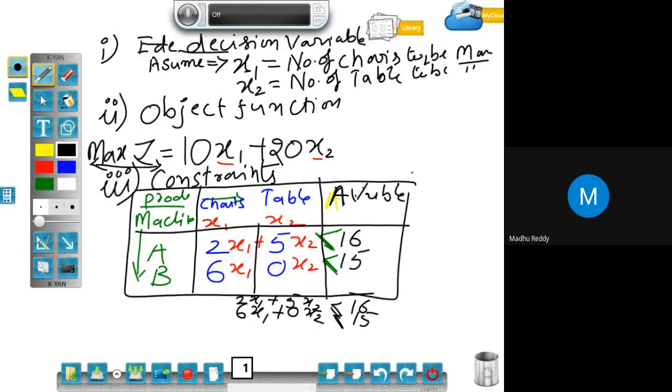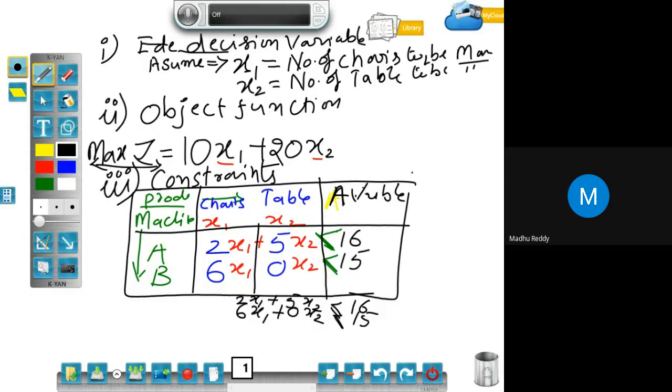Next. Any doubt? Yes. Sir, what if there is a loss, sir? Where we get the loss, we'll specify it in the minimization function. That is the minimization function. In case of loss, less than or equal to is taken, sir. This is a constraint. Here there is no loss at all. So it tells you the limitation of your company.